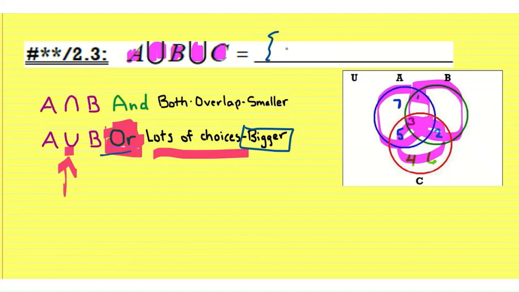So our set is going to be 7 and 1 and 5 and 3 and 2 and 4 and 6. Okay, 1, 2, 3, 4, 5, 6, 7. Yes, that is all of our elements in all 3 circles.